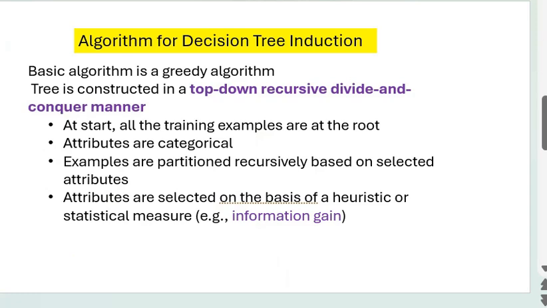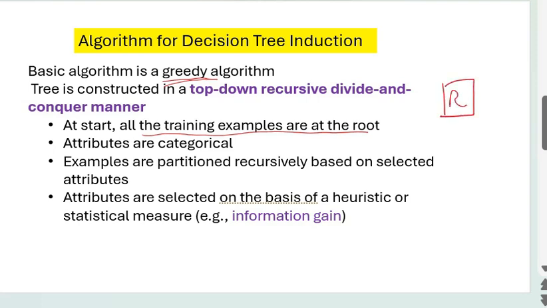Briefly, the algorithm or the steps for decision tree induction are as follows. It is a greedy algorithm because it chooses the best attribute for splitting at every stage. The tree is constructed top down, which means that in the beginning, all the training examples are at the root.